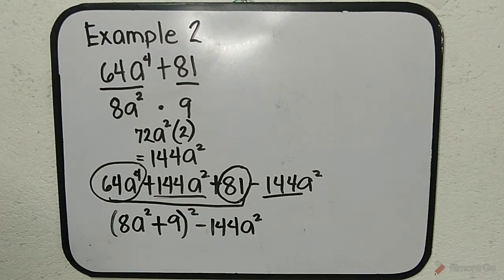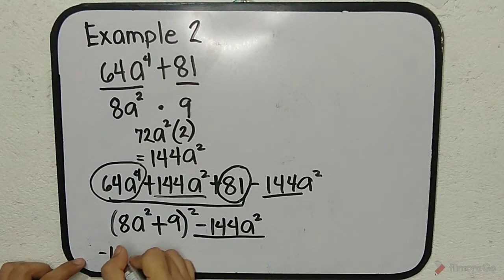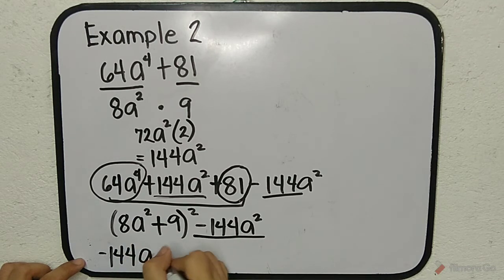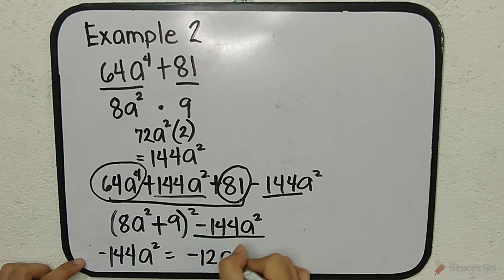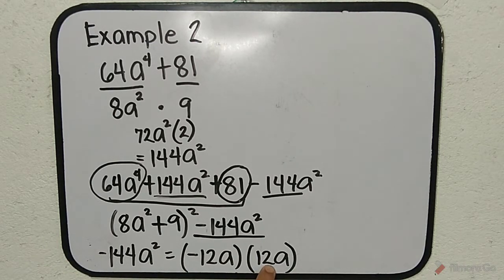So, the factor of negative 144a squared ay, focus muna tayo dito class, negative 12a and positive 12a. Bakit? Kasi negative 12a times 12a ay negative 144a squared. Ngayon, itong dalawang ito ang isasama natin dito.